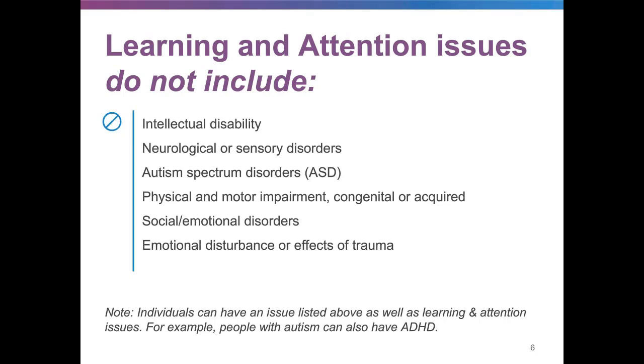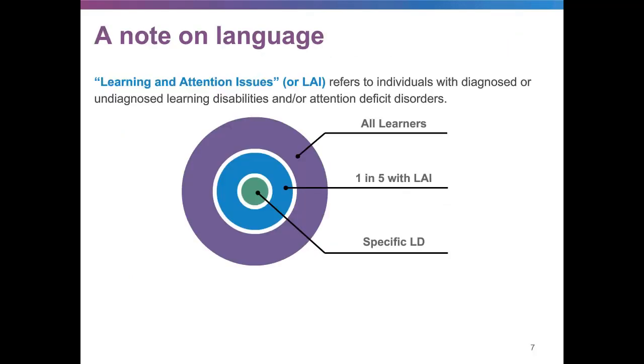Just a note on language and kind of what this actually looks like. So if you think of these circles, all learners there in the purple is all the kids that you are working with. 1 in 5 of those kids has a learning or attention issue, and then a smaller number has actually been diagnosed with a specific learning disability or is eligible for special education as a child with a specific learning disability.